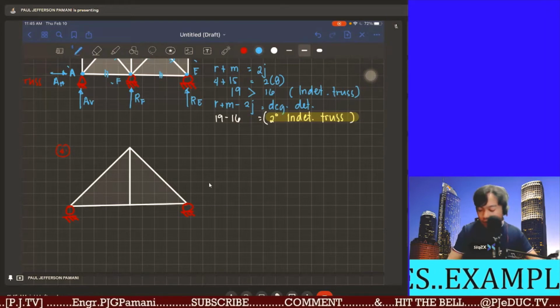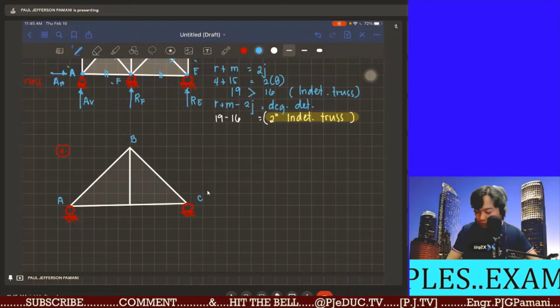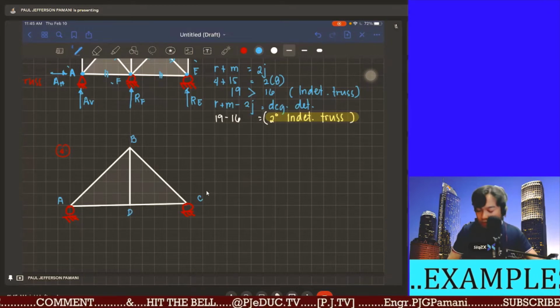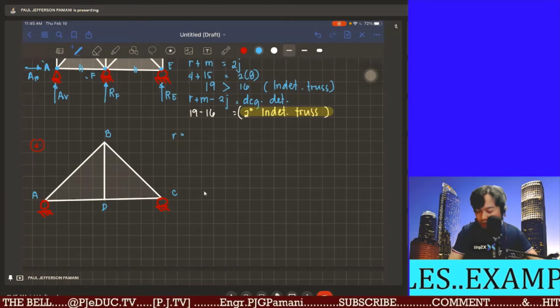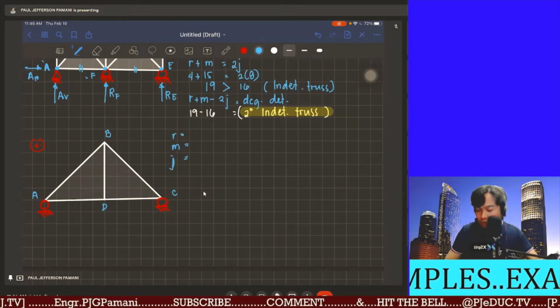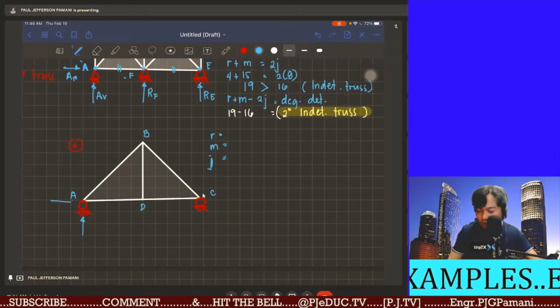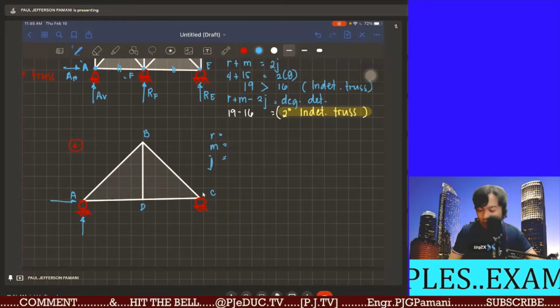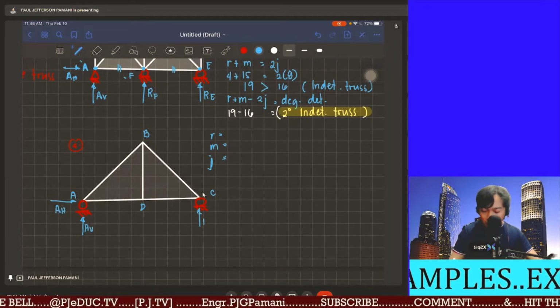Again, identify your joints. Then, plot your results. The number of reactions, members, and joints. So, para mas madaling makita, i-plot nyo na yung reactions at each supports. Joint A, AH, and AV. Joint C, we have RC.